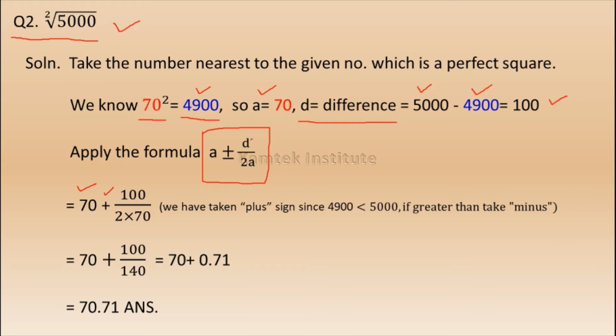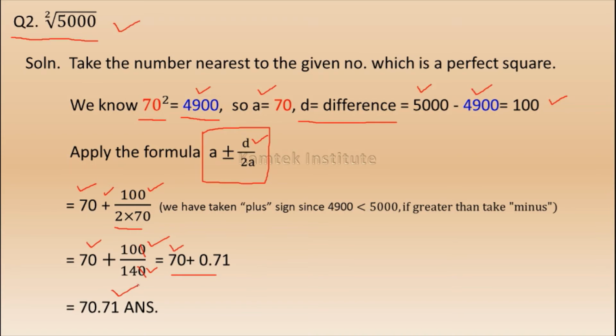Then d is 100 upon 2a, that is 2 into 70, which is 140. Next step we have 70 plus 100 upon 140. These two zeros get cancelled. We get 70 plus 0.71, since 10 upon 14 is 0.71. Now we add these two, we get 70.71, which is the answer to the question.